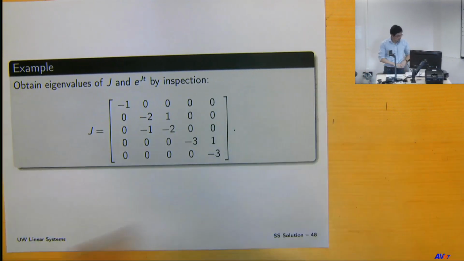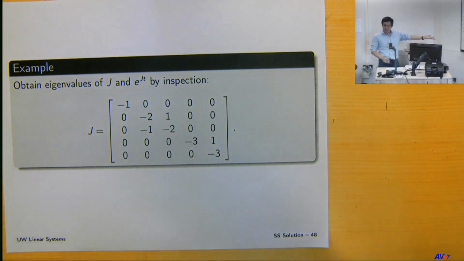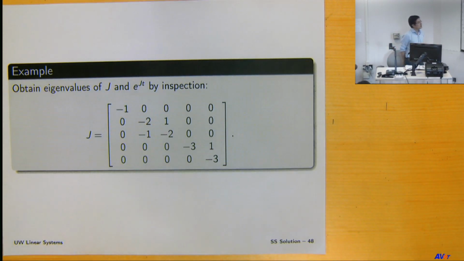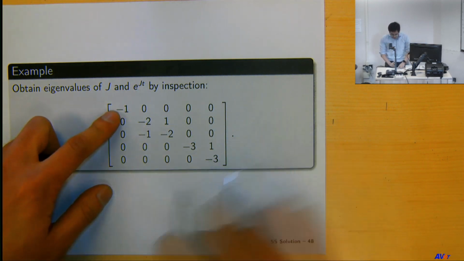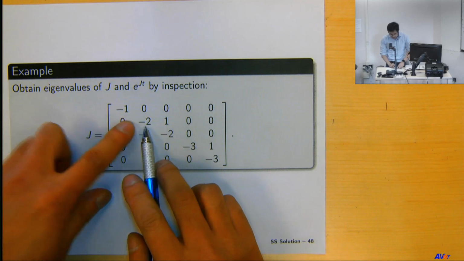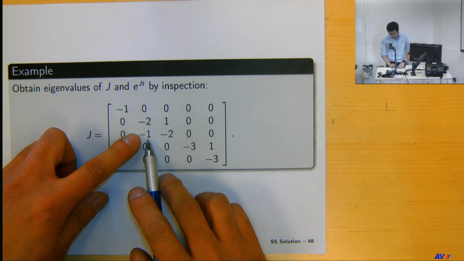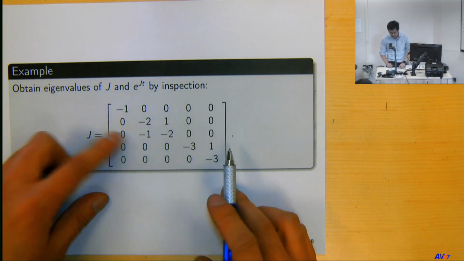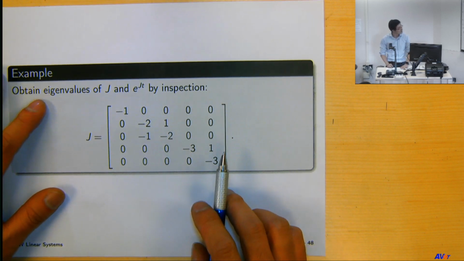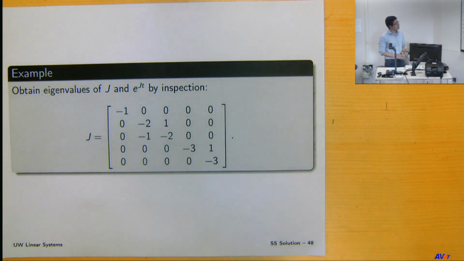So you can do this. You can easily tell, like, if I give you a J that looks like this, what kind of solution is going to generate. So it's -1, -2, -2, 1, -1, -3, -3, and 1. So think a little bit and discuss with your classmates.